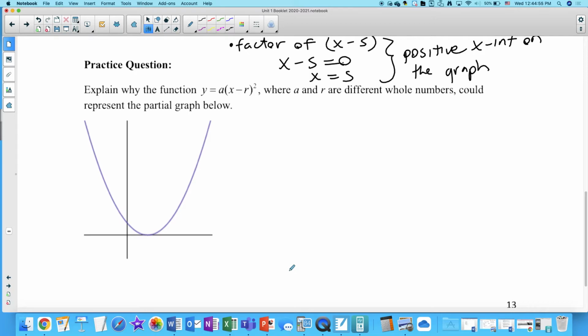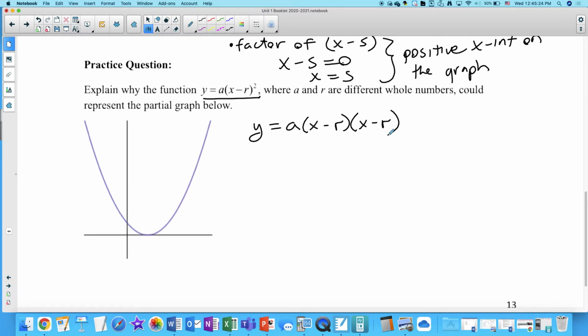And what we have here is a double x-intercept, because essentially in this function, x minus r squared means that we're multiplying that factor of x minus r by itself. Okay? Now, that means we have kind of like two x-intercepts that are the same. That's called a double zero, or a double x-intercept.